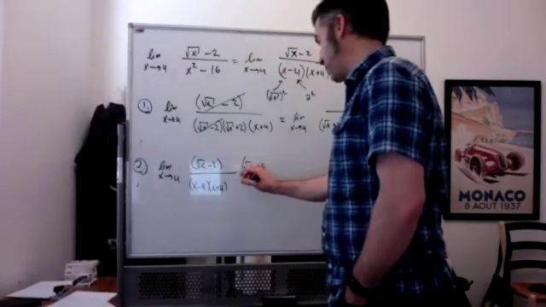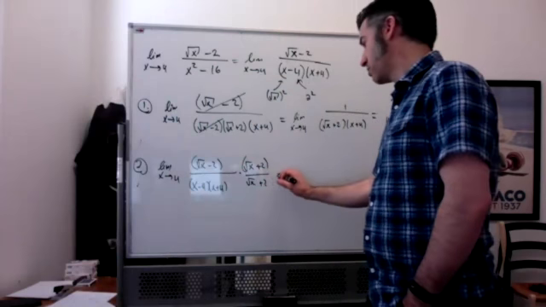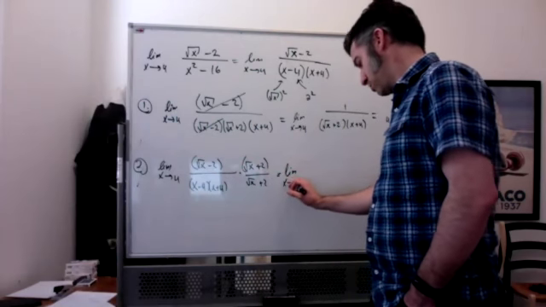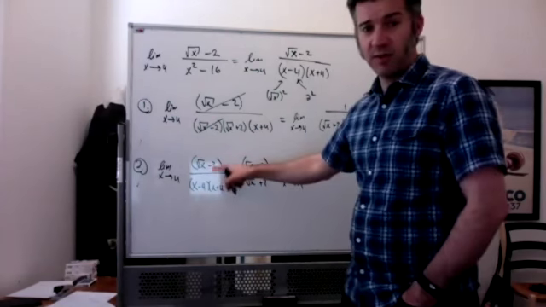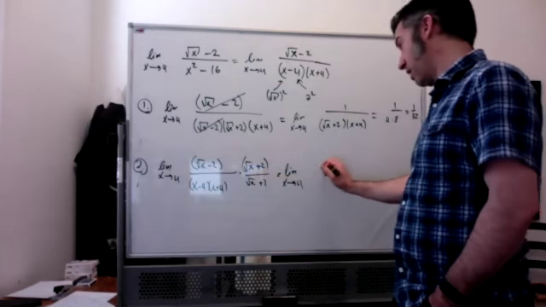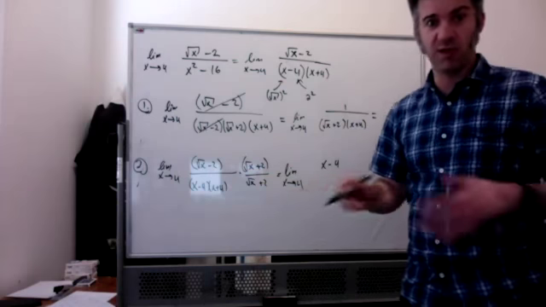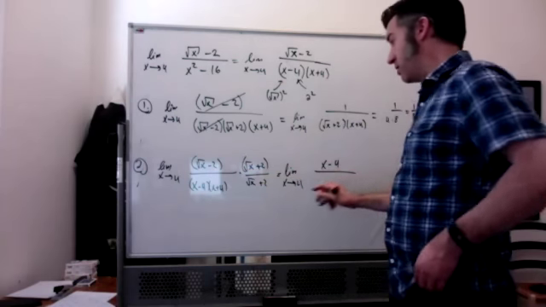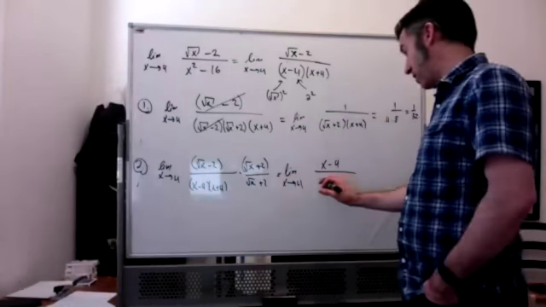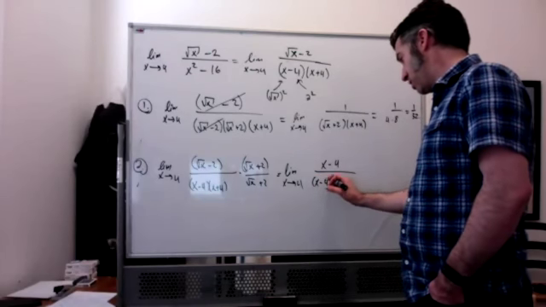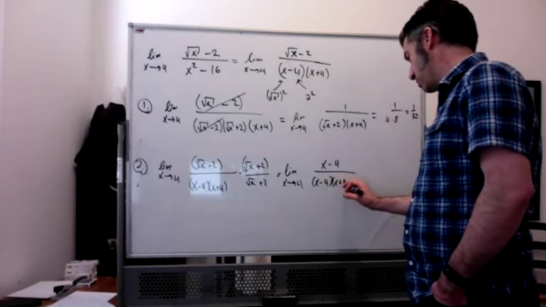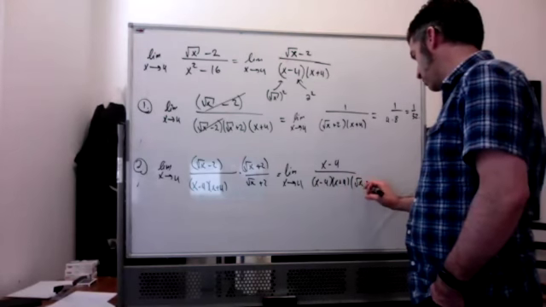Then when we multiply at the top, square root of x minus 2 times square root of x plus 2 is going to be x minus 4. Right, the first thing squared minus the second thing squared. And the denominator, we're not going to multiply that. We're just going to leave it as x minus 4 times x plus 4 times the square root of x plus 2.